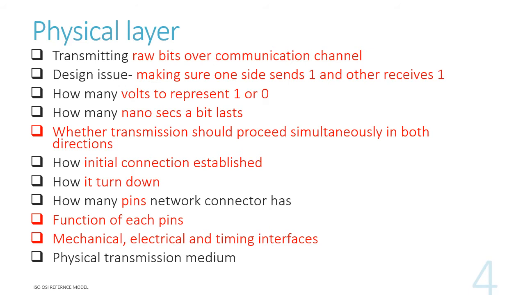The physical layer directly manages the network hardware, so the number of pins in a network connector and the functionality of each pin have to be considered by the physical layer. In short, it concerns the mechanical, electrical, and timing interfaces.